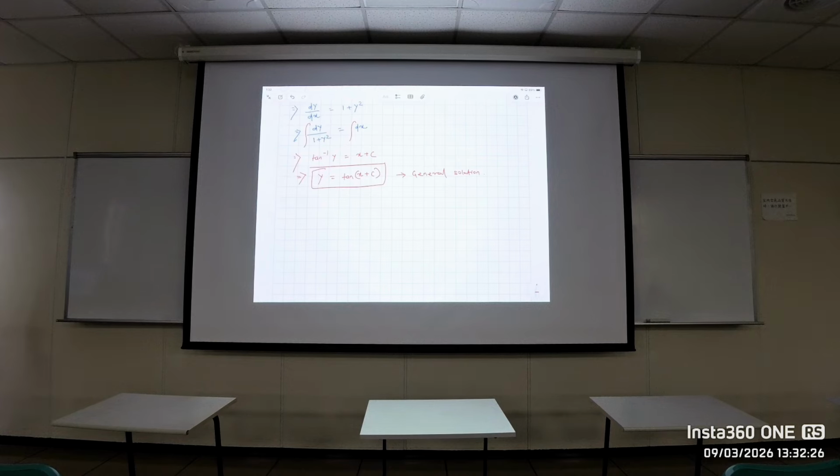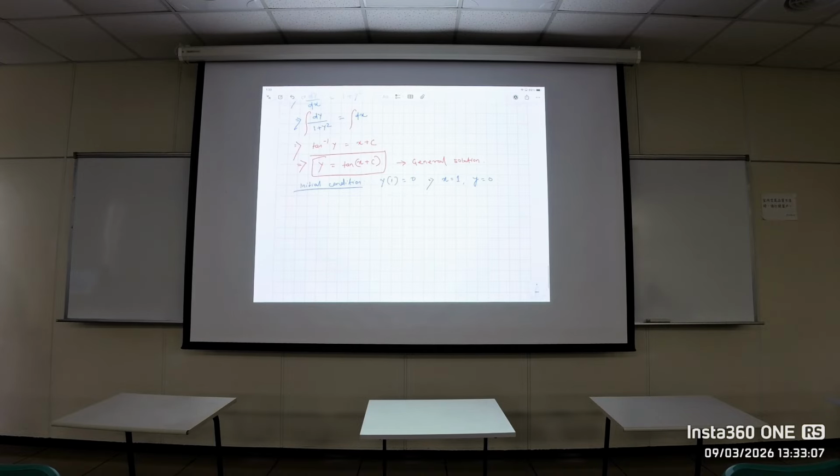Yes. Now the particular solution. What is my condition? The initial condition, y(1) is equal to 0. That implies when x is equal to 1, y is equal to 0. Right? I just need to put these values in the general solution.